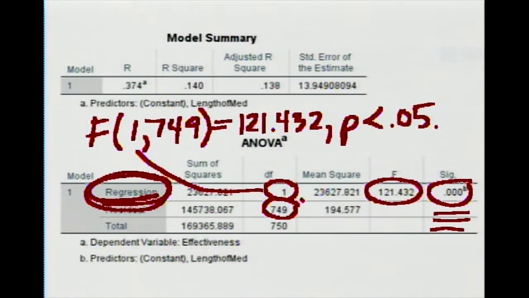So I take these numbers, and these are my degrees of freedom, and then I put the F value here, and then I have P is less than 0.05. So you can see here that when I write up and say the model is a significant predictive model, I would write it up just this way using the F ratio box.